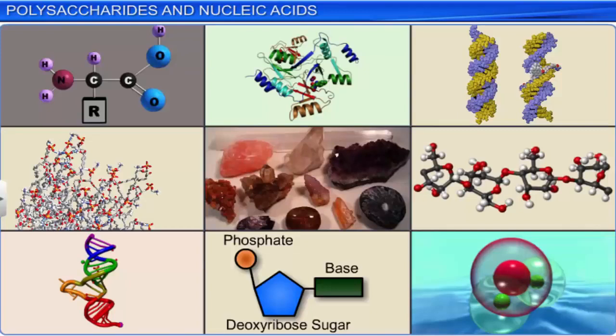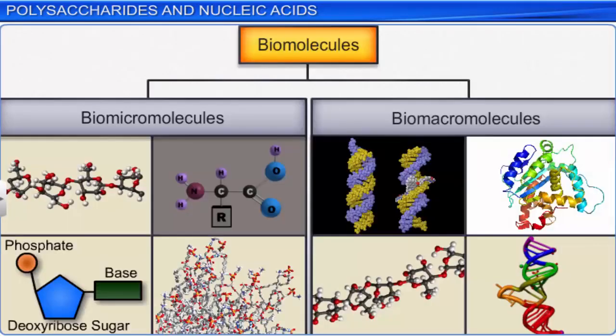All living organisms produce organic molecules called biomolecules. Biomolecules can be broadly divided into two types: biomicromolecules and biomacromolecules.